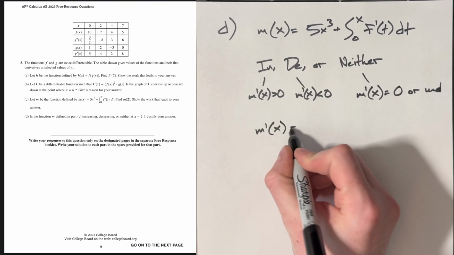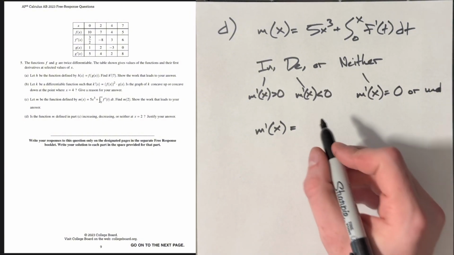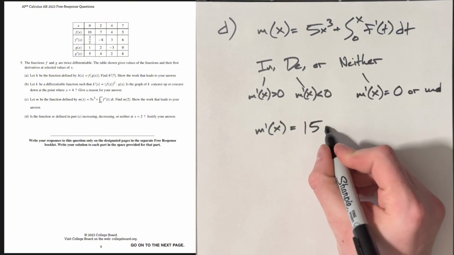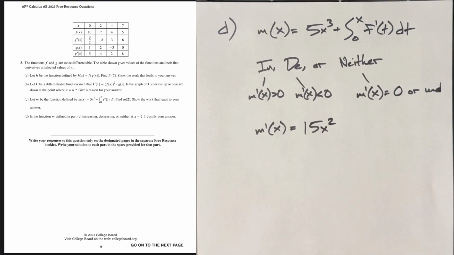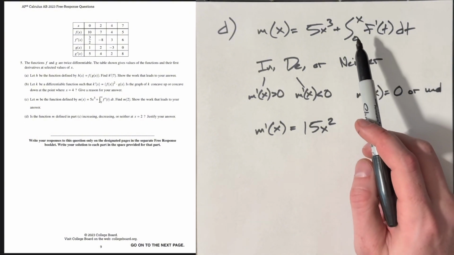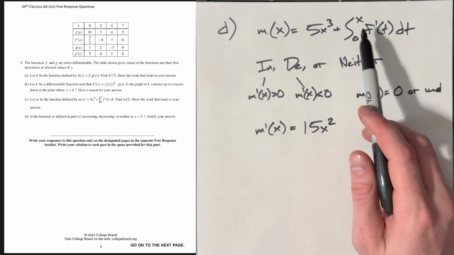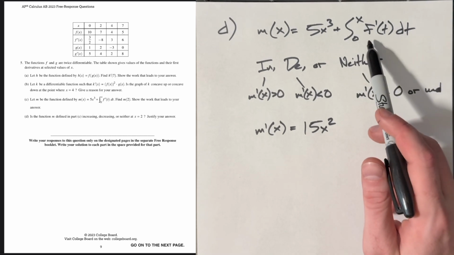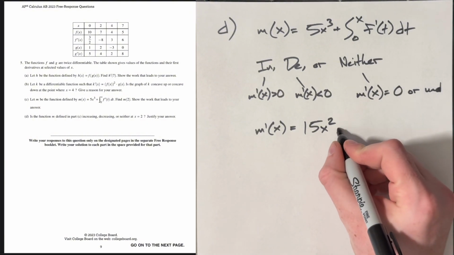So starting out, the derivative of 5x cubed, I could just use power rule to get me 15x squared. Now, this second derivative, we are going to have to use another theorem of calculus, and that is the second fundamental theorem of calculus. We know that when I take the derivative of an integral evaluated from a to x, some function, it will just equal that function evaluated at x.